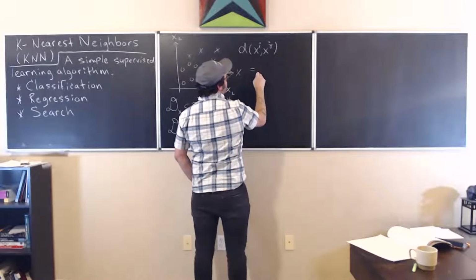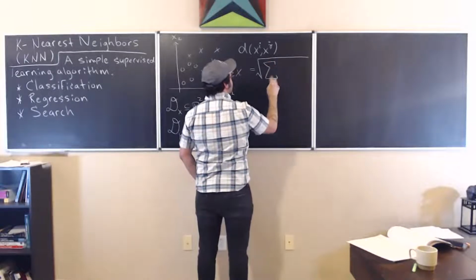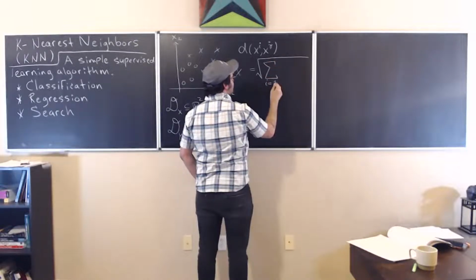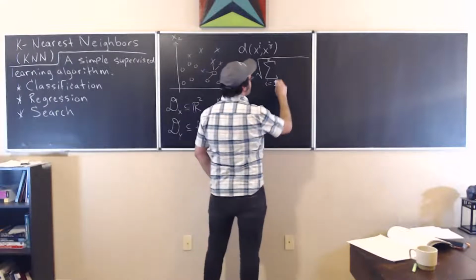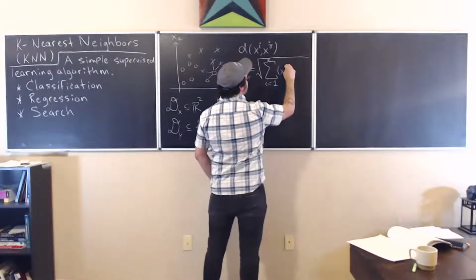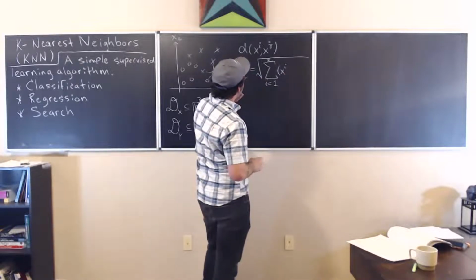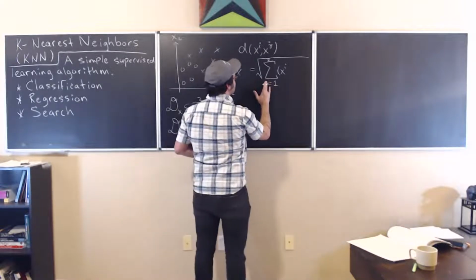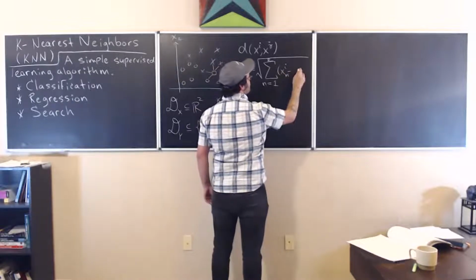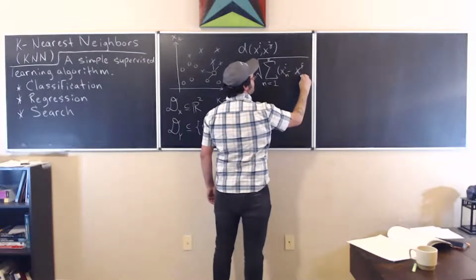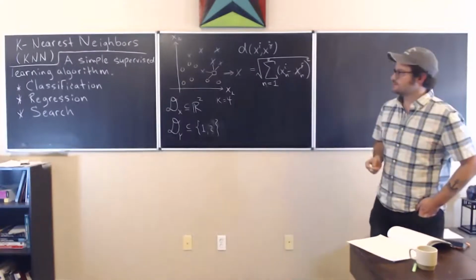It is the square root of the sum from n equal 1 to L of (xi,n minus xj,n) all squared. That's just the standard Euclidean distance.